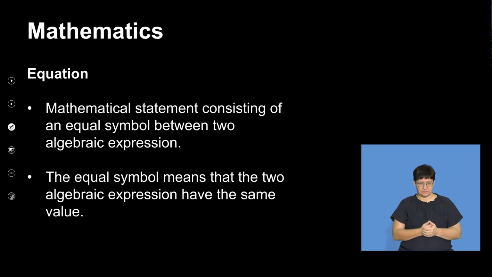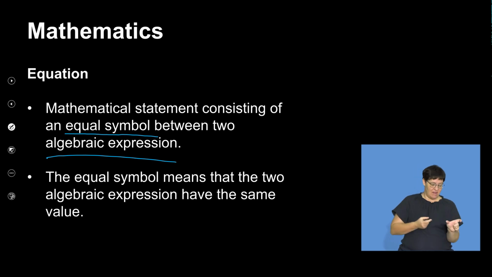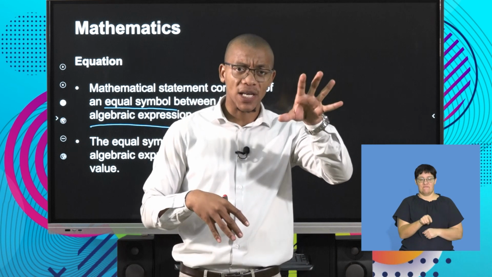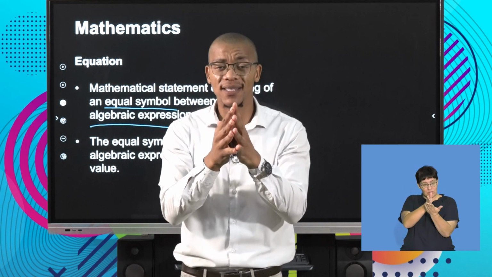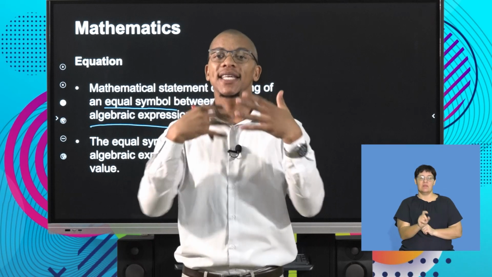Now, an equation, according to mathematics, is a mathematical statement consisting of an equal symbol between two algebraic expressions. So we've been looking at all these expressions, right? If I have one expression, another expression, and in between them I have an equal sign, we then call it an equation.